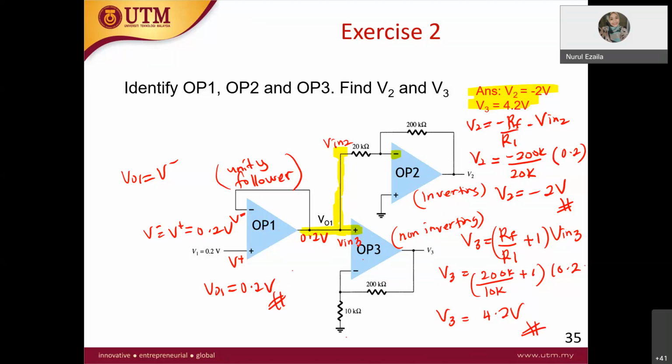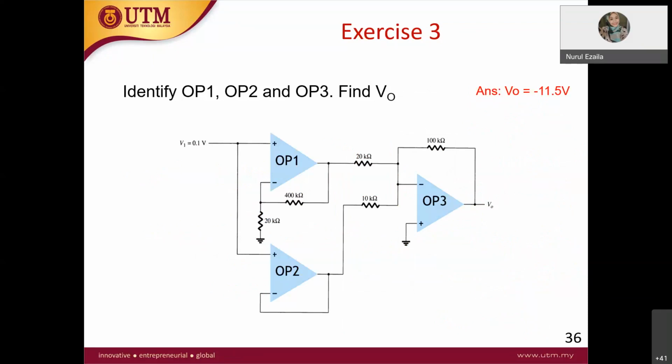So this is how you do it for exercise 2. This is a good exercise. So we name everything. Op-amp1, what is the name for op-amp1? Look at the input there. The input here is connected to the plus, therefore this is?